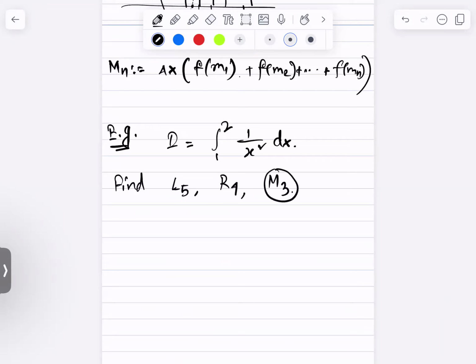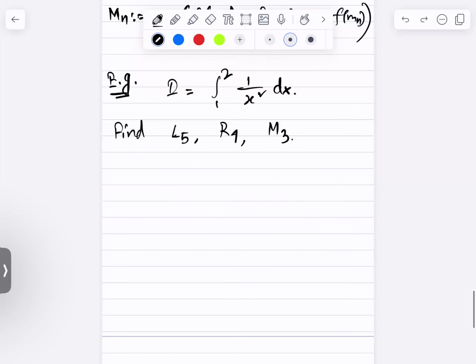M3 is midpoint approximation, and this 3 says there should be 3 subintervals, so n is 3 in this case. R4, R means right endpoint approximation, and this 4 means there should be 4 equal subintervals. The same logic goes for L5 as well. So now my function f of x is just 1 over x squared, right?